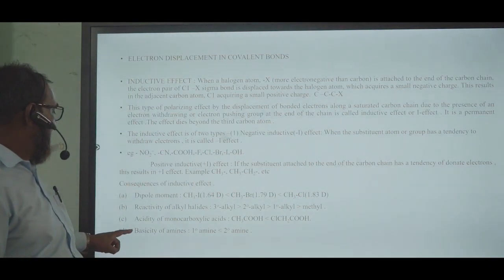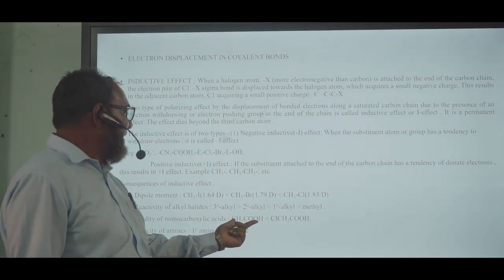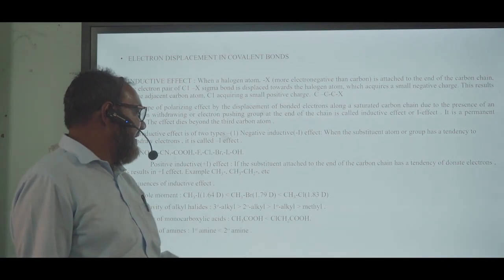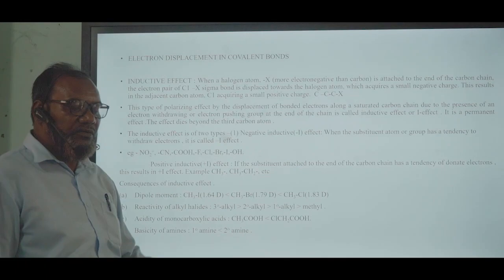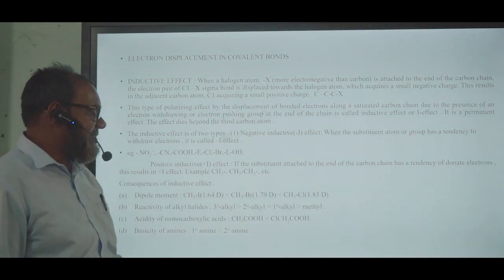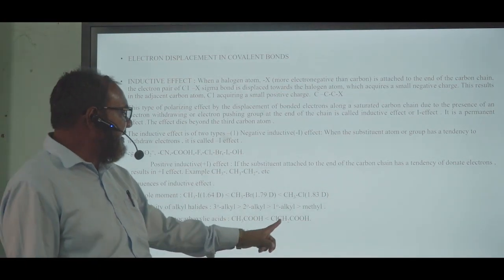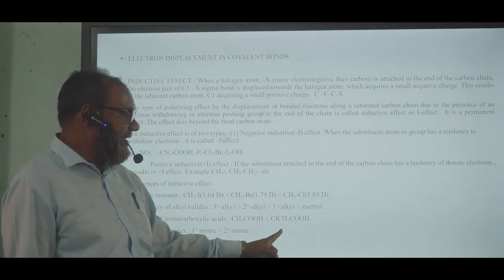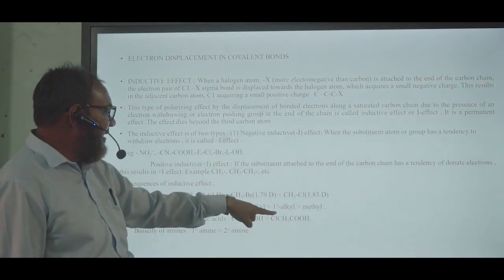Next one is the acidity of monocarboxylic acids. This one is acetic acid and this one is chloroacetic acid. Since the methyl group pushes electrons towards the carboxylic carbon atom, proton release becomes difficult. But in chloroacetic acid, the chlorine pulls electrons towards itself.